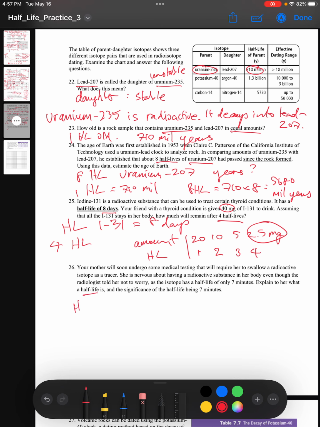Half-life, that is the time for 1/2 of a radioactive substance, that means an unstable substance, to decay, to become stable.